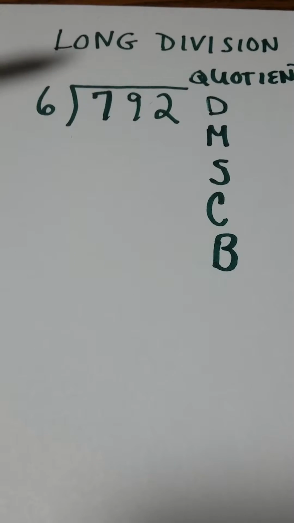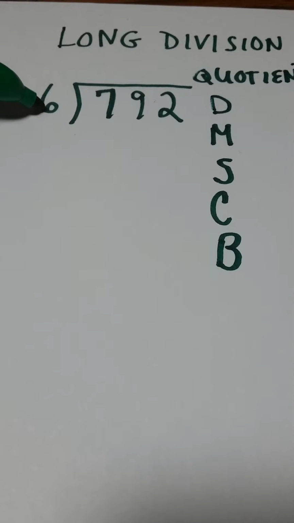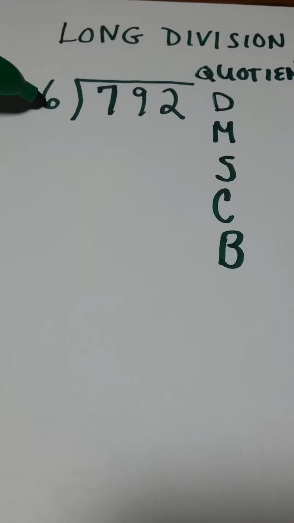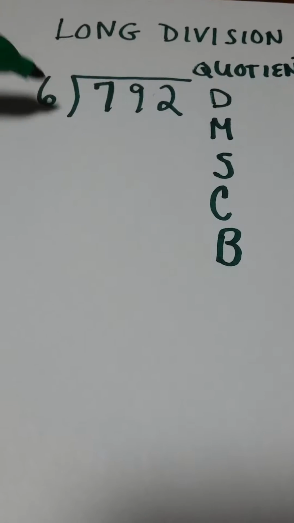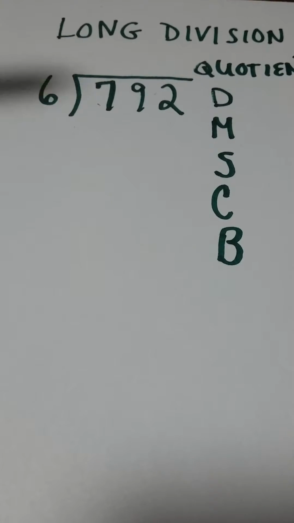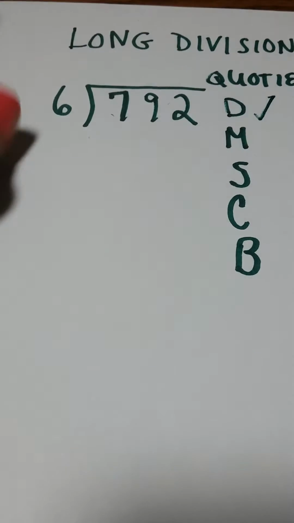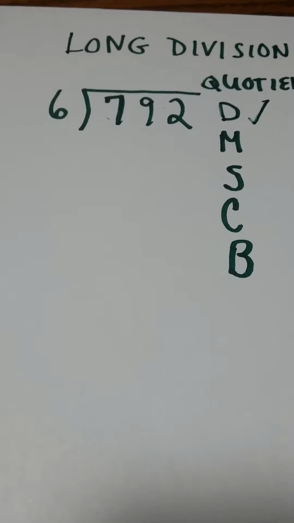Okay, let's take our 6. And the first question you're going to ask yourself is, can 6 go into 7? Can I divide 6 into 7? And the answer would be yes, one time.